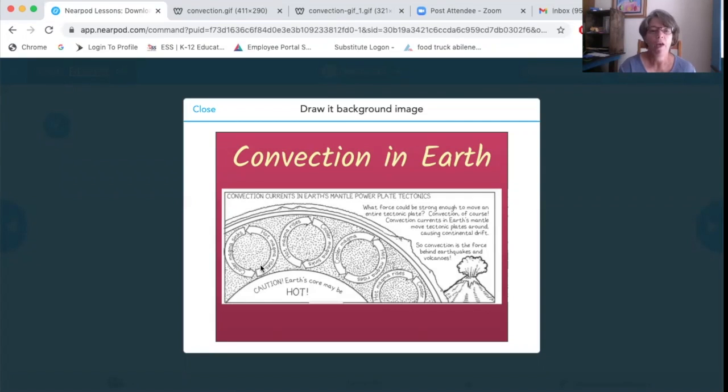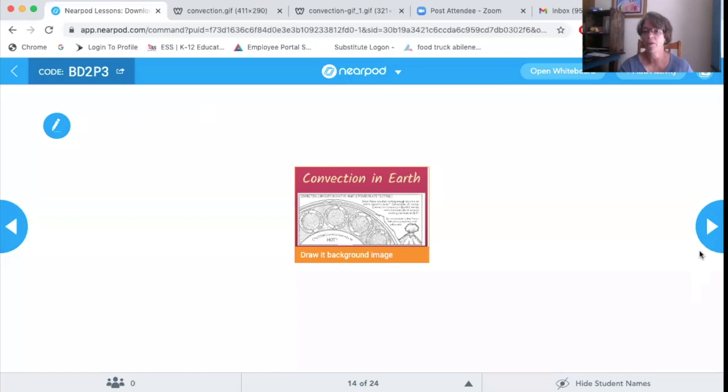Okay, so the hot magma is going to be pushed up towards the surface, Earth, and those convection currents are so strong that they have a force that can move the tectonic plates around, which causes our continental drift, also causing us to have earthquakes and volcanoes.